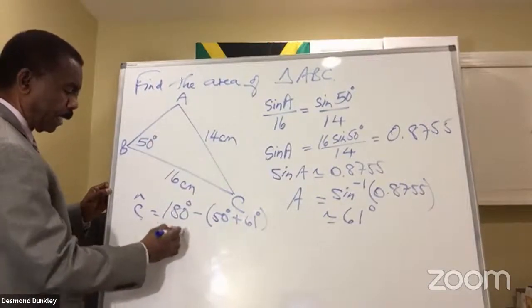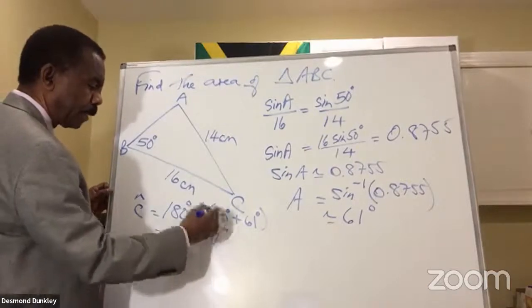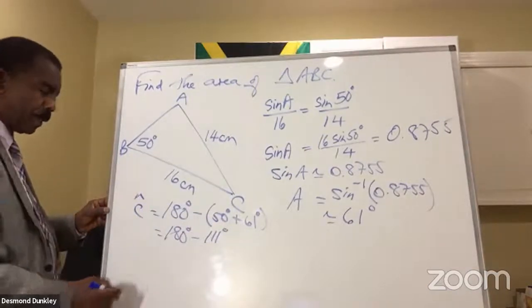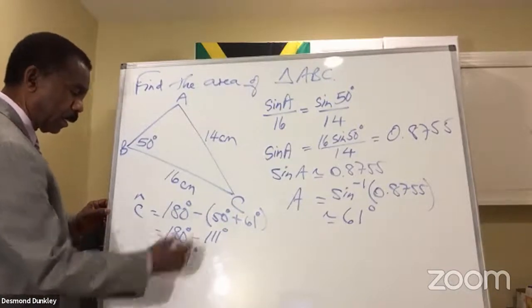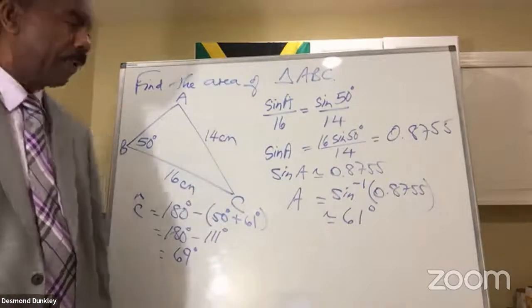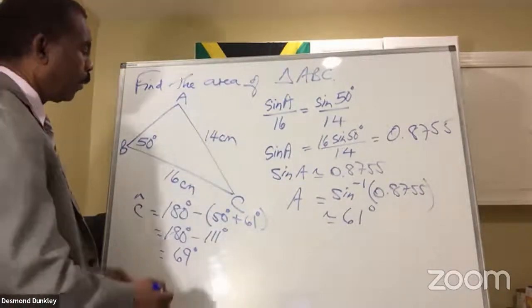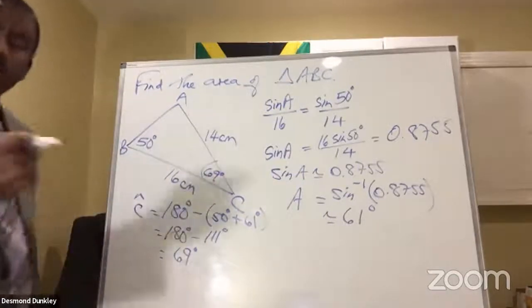So it's 180 minus 111 degrees, and that gives me 69 degrees. So we know that C is going to be 69 degrees. Now I can use the formula.